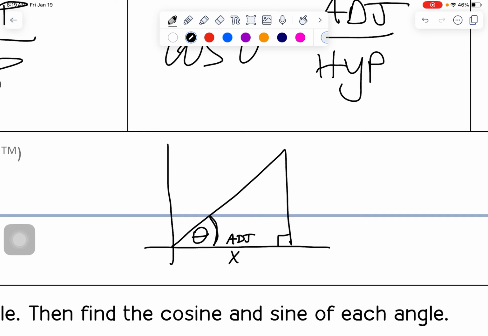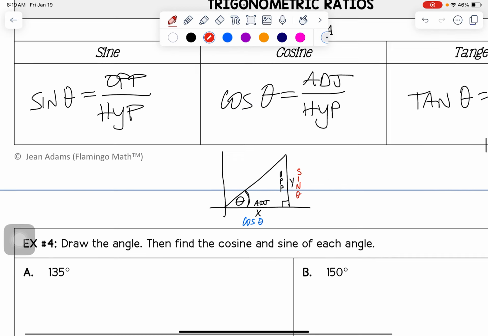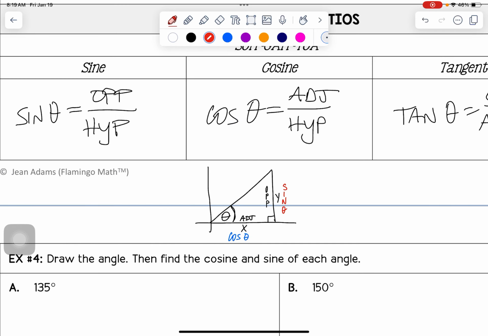This is the opposite side, which in Algebra 1 is the y side. So when you hear cosine, you're thinking the x side, and when you hear sine, you're thinking the y side. We're deriving that from our knowledge of SOHCAHTOA from geometry, combined with our knowledge of the coordinate plane from Algebra 1.